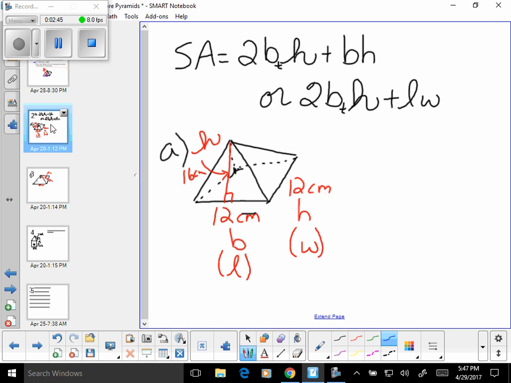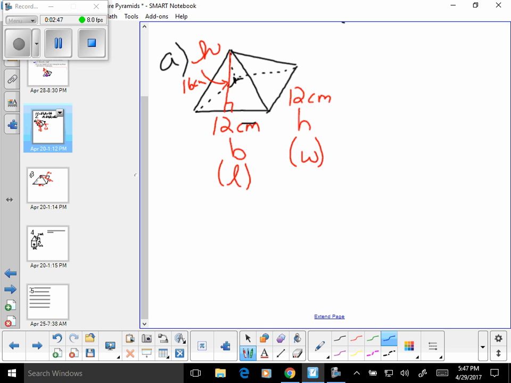So if we're going to be working with this formula, I'm going to write the formula down again. 2 times the base of the triangle times the slanted height, or the height of the triangle, plus the base of the rectangle times the height of the rectangle. If you want to make a little r there for rectangle, although it's really a square, that's okay.